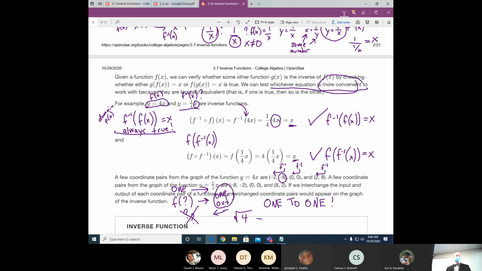Well, I know I can get 2, but what else will also give me 4 if I square it? -2 is a possible answer. What we define as, when I say square root of 4, what I mean is the positive square root of 4, because if I have two possible outputs, then it's not a 1-to-1 function.